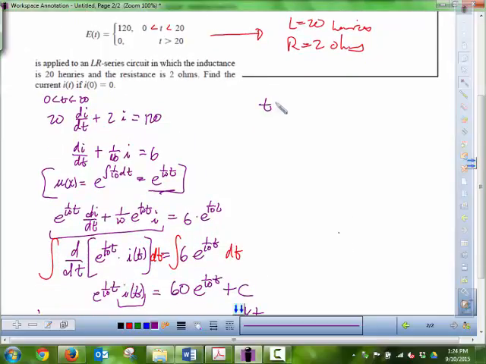When t is bigger than 120, we have a new differential equation that looks awfully similar, except that the E function is 0. So this also looks like a first order linear.